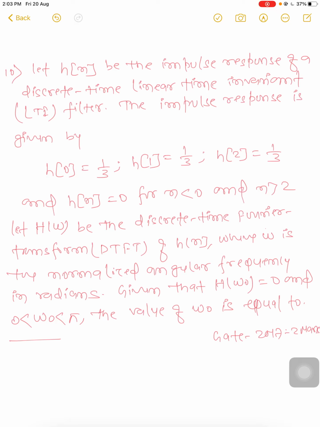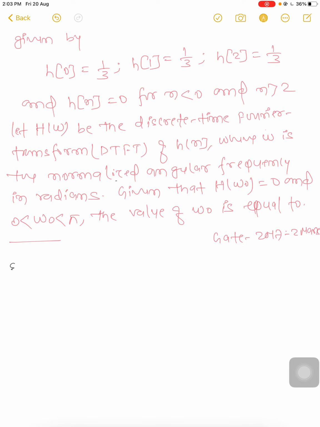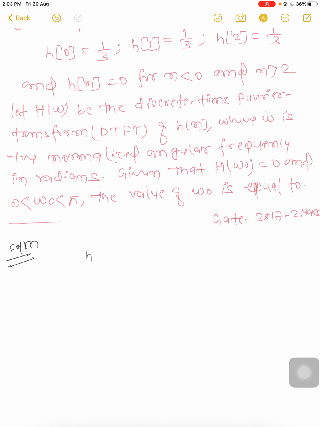Let H(omega) be the discrete-time Fourier transform (DTFT) of h[n], where omega is the normalized angular frequency in radians. Given that H(omega_0) = 0 and omega is 0 to pi, we have to find out omega_0.